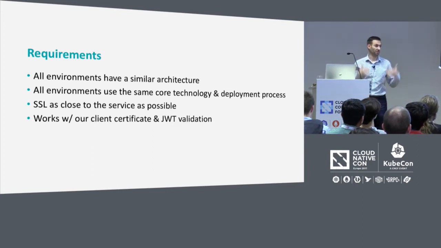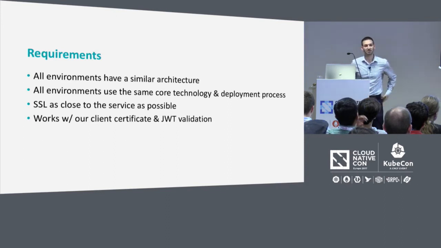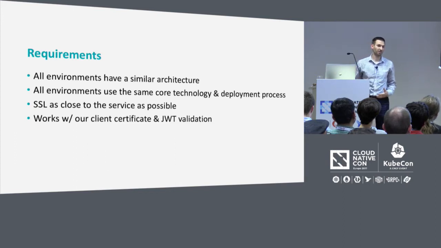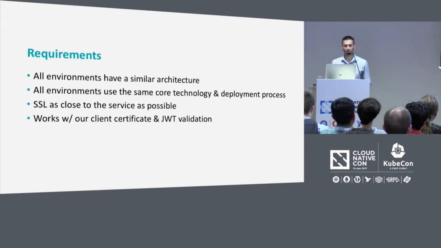SSL needs to be as close to our actual pods as possible and make sense for the workload. And it still needs to work with our own microservices, client certificate validation, and JWT validation. I'm not going to get into the details of how that works, just because I can't share it publicly. But just wanted to mention that there are those requirements that fed into this.